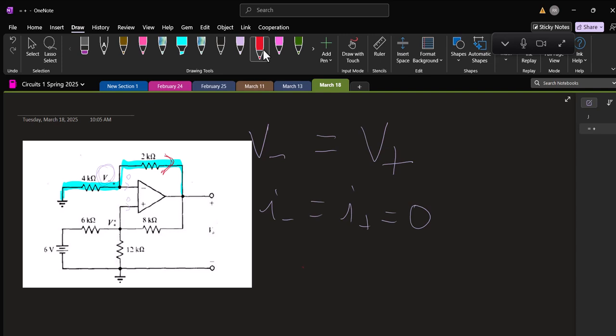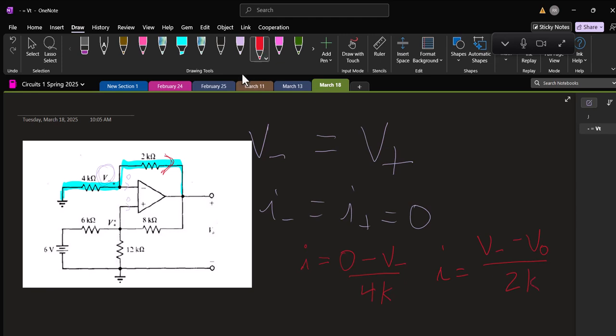So if I say the current is going in this direction, then I can say that I equals 0 minus V minus over 4K. And I can also say that I equals V minus minus V out over 2K.